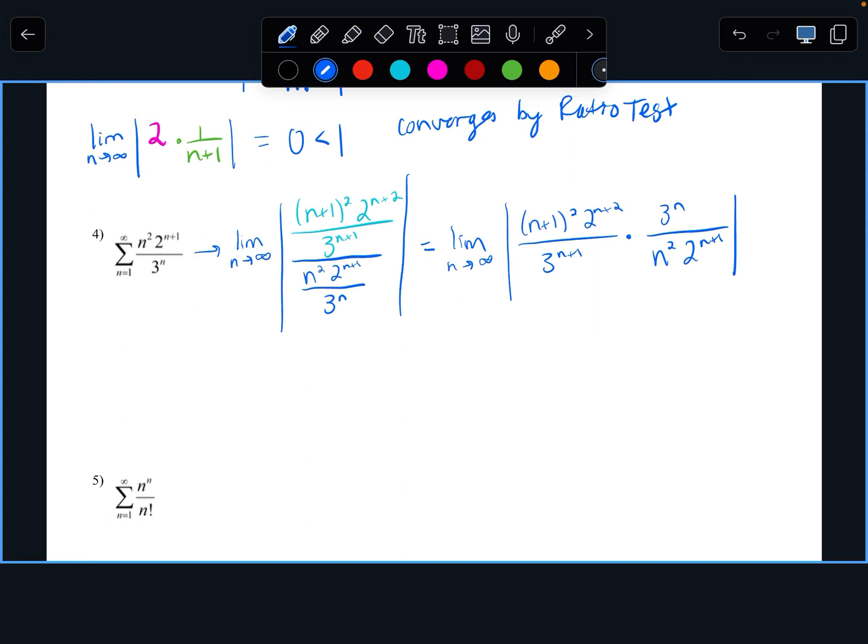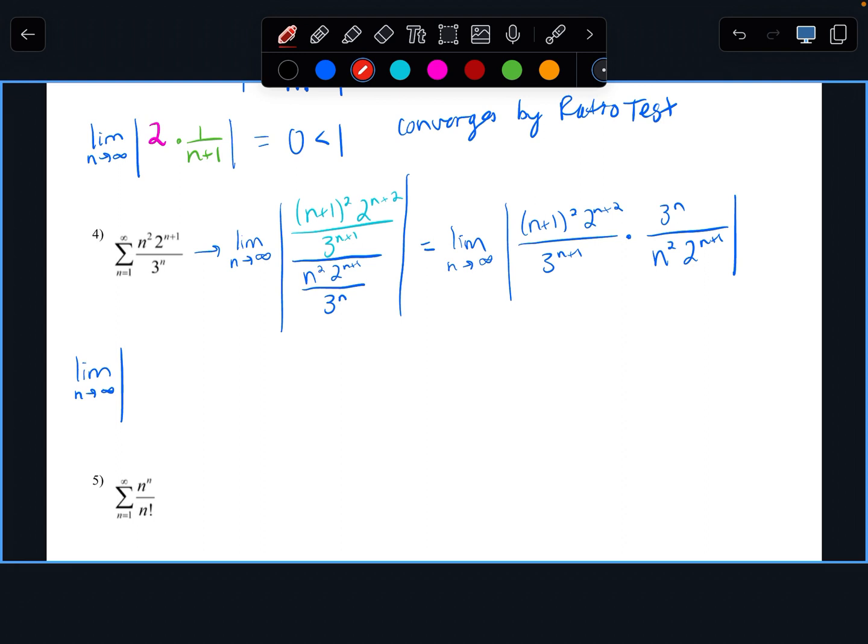Okay. Now don't go so wild slashing things. For example, that n plus 1 quantity squared compared to n squared, you can't start canceling that. That's not legal algebra. You can deal with the 2s and the 3s. That's fine, because you've got more 2s on the numerator, more 3s on the denominator. So maybe I'll put these in different colors.